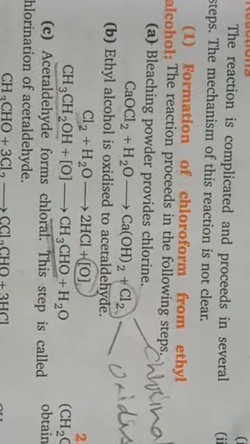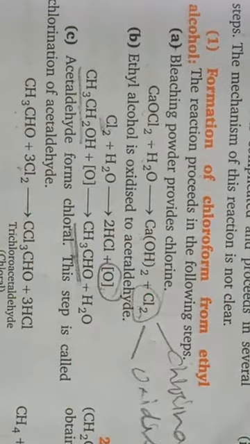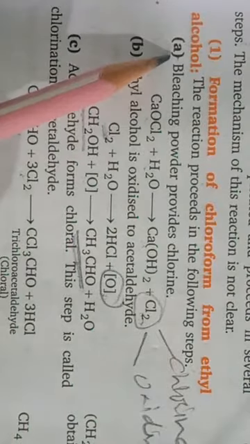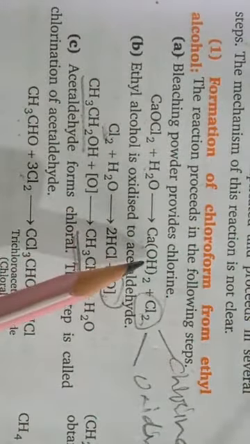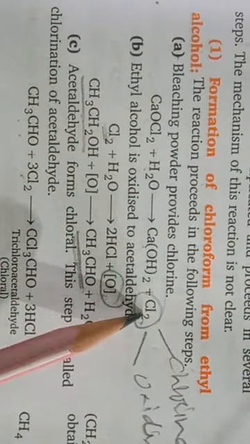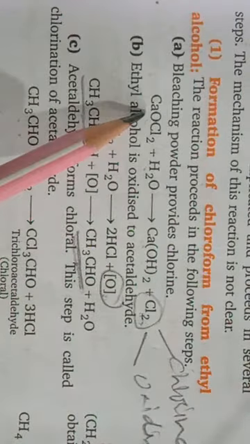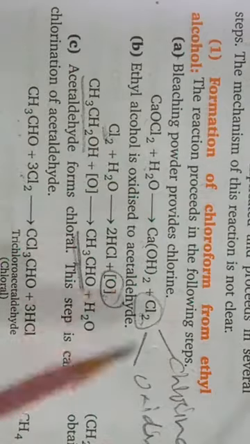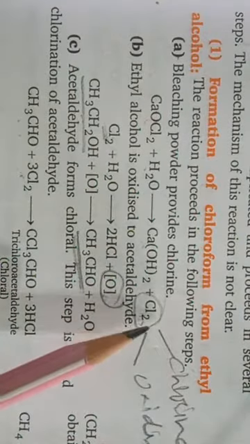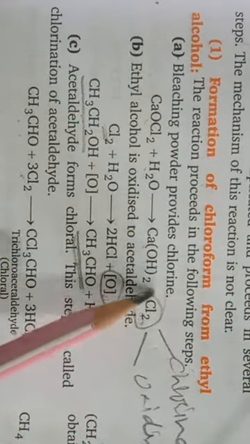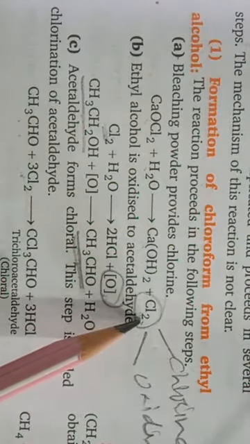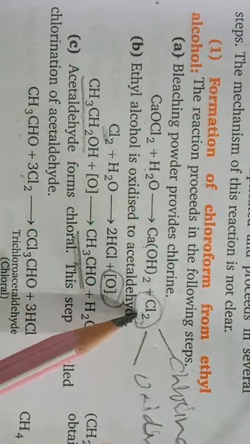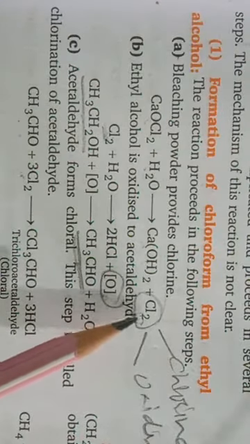So we can summarize all these steps once again. In the first step, bleaching powder reacting with water forms calcium hydroxide and chlorine, and this chlorine acts in two different ways, as a chlorinating agent and also as an oxidizing agent for ethanol.